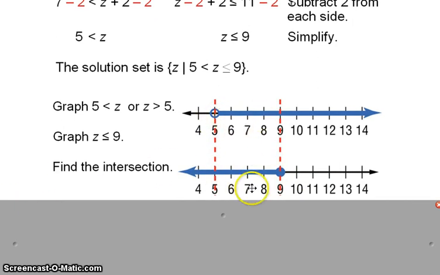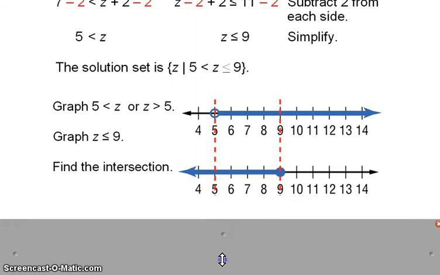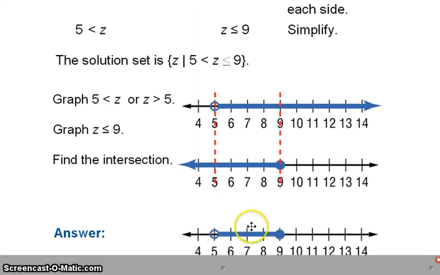What do they have in common? We're saying that z has to be greater than 5 and it has to be less than or equal to 9. So here's the only part that they have in common.